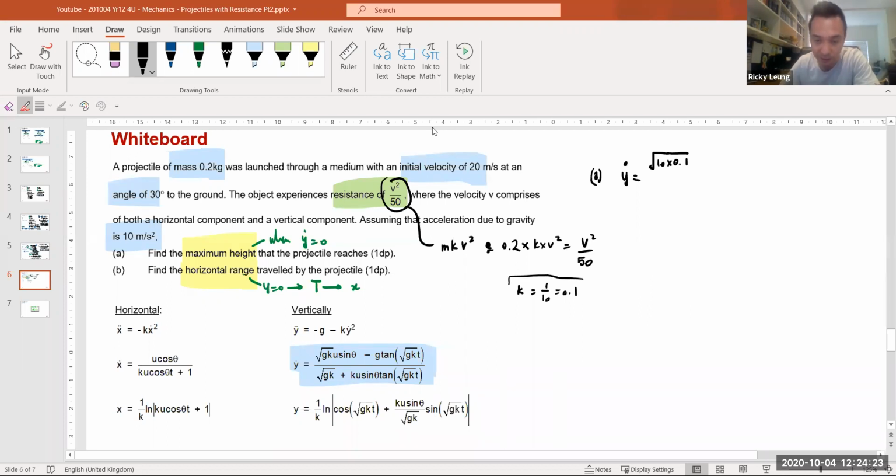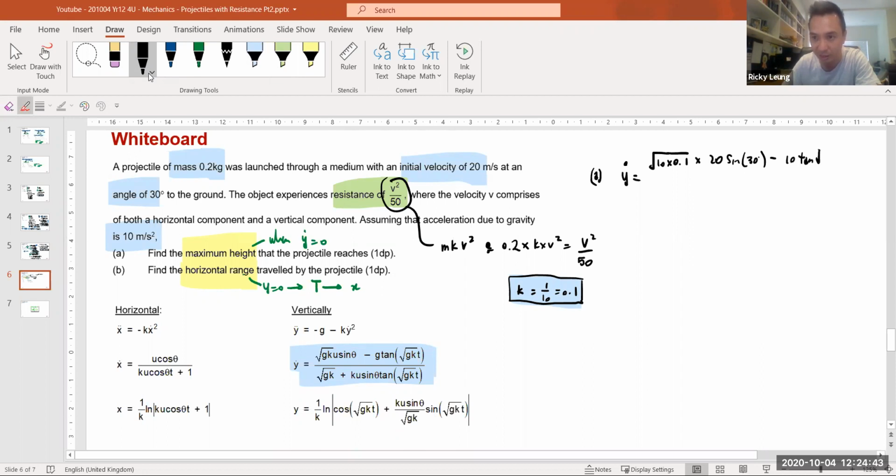So just to get that into your system, you have to find the value of k to sub into these values. So u is obviously 20, sine 30, beautiful, that's a half. Everything is going well in terms of the exact values of these numbers.